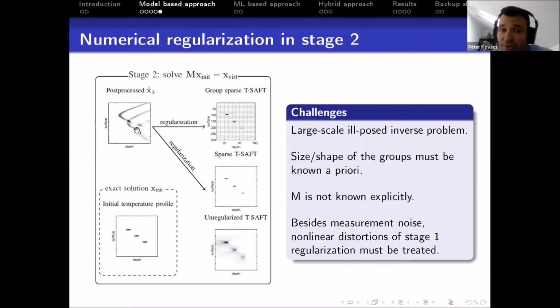In the second stage, we could also utilize the group sparsity assumption. The group sparsity means that the image is not just sparse, but the non-zero image pixels are close together. But for model-based group sparsity approaches, we need to provide the size and shape of the groups.